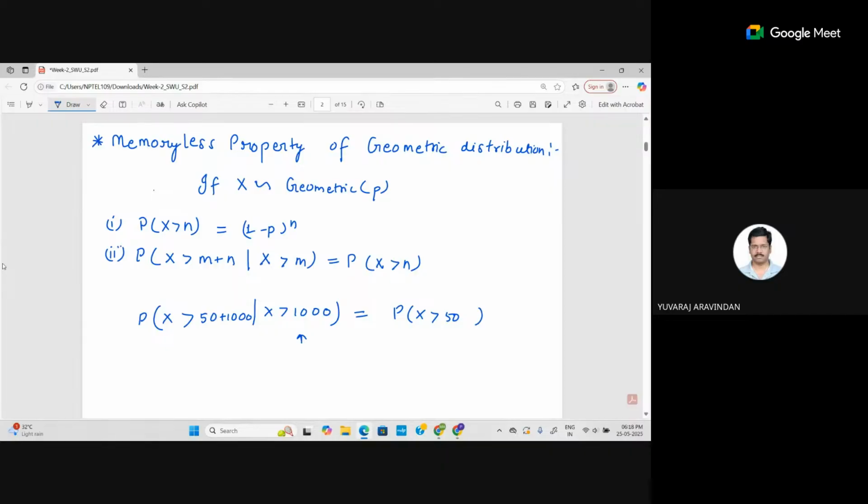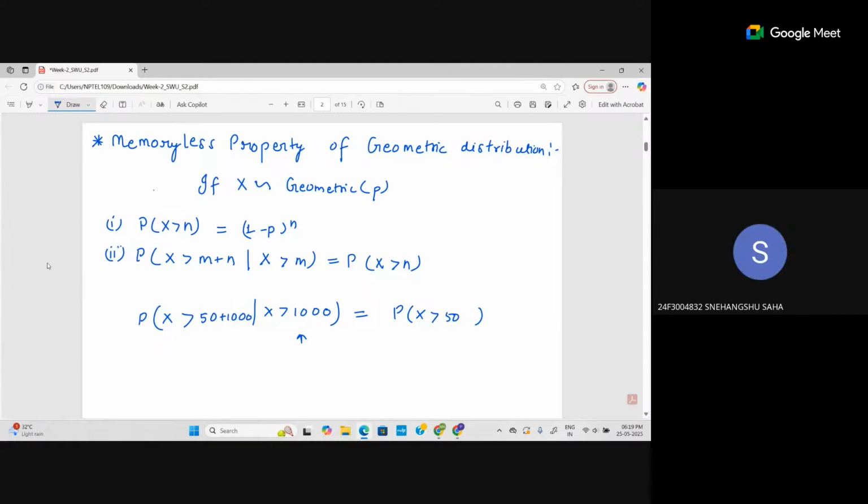In your earlier session, when you covered binomial, you mentioned nCr. So binomial and geometric are different. Binomial is not applicable here. It is not for binomial distribution, it is for geometric distribution.